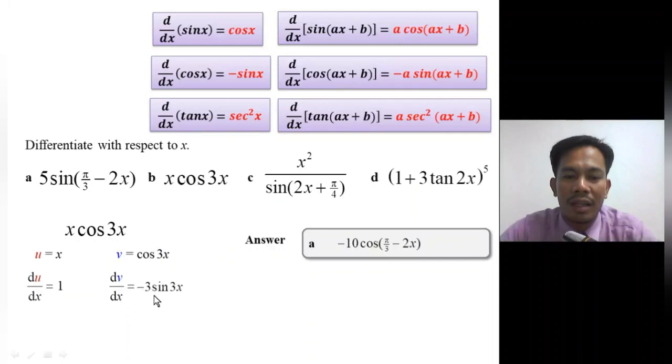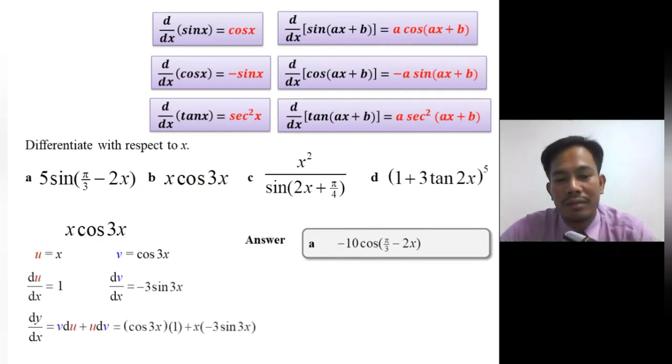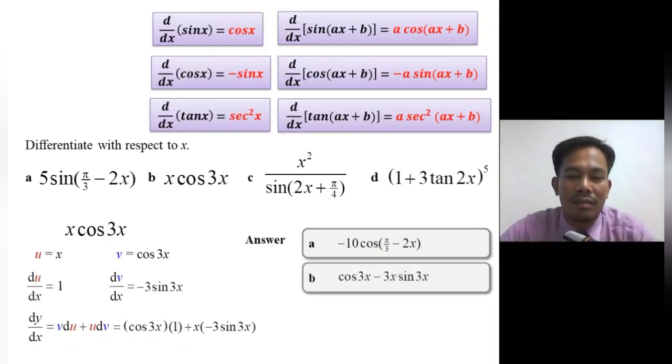So negative 3 sine 3x. Then you apply the product rule, which is v du plus u dv. Next plug in, then you will come up with the answer: cosine 3x minus 3x sine 3x.